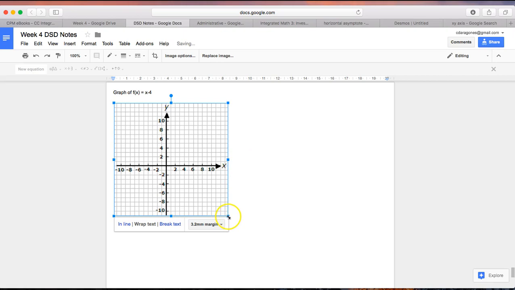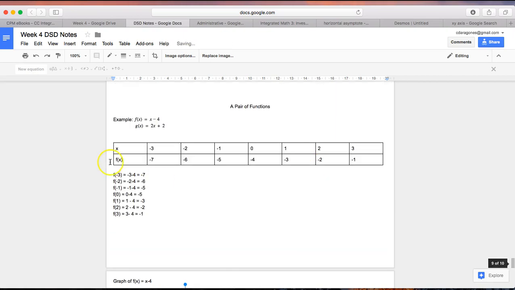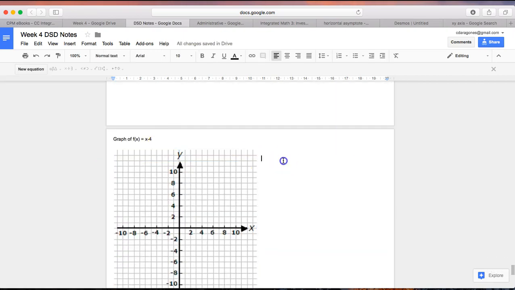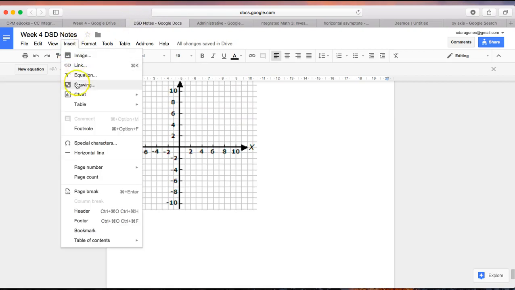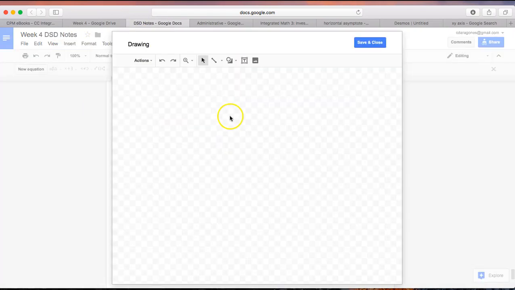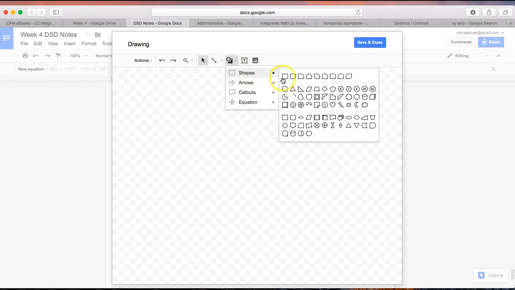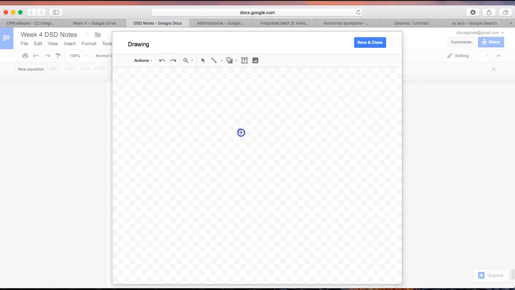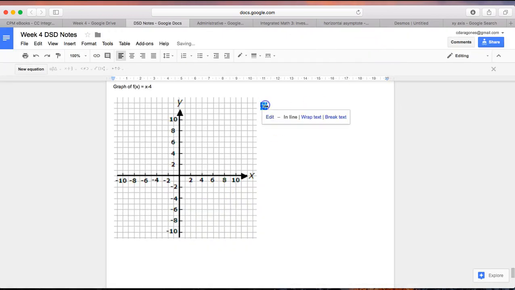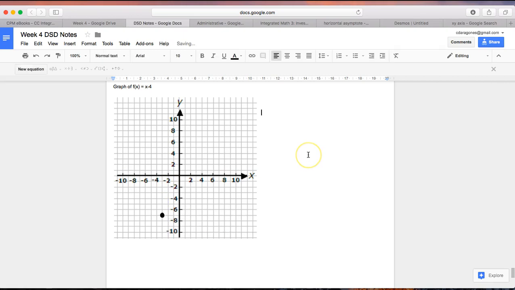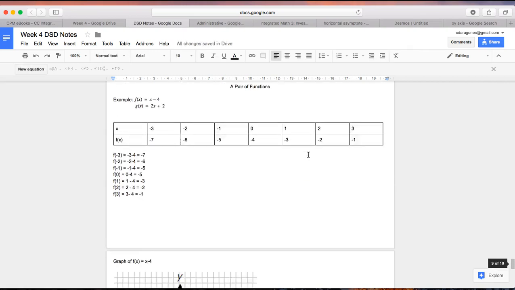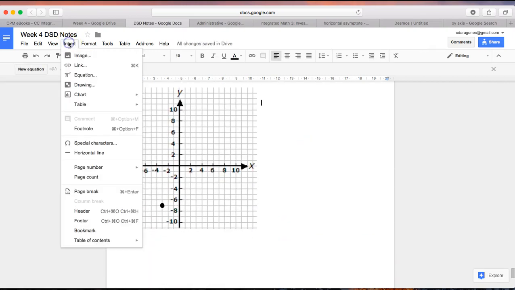And I know that I have negative 3, negative 7. So I'm going to go ahead and put a point at negative 3, negative 7. So I know there's a point here at negative 3, down to negative 7. My second point is at negative 2, negative 6.